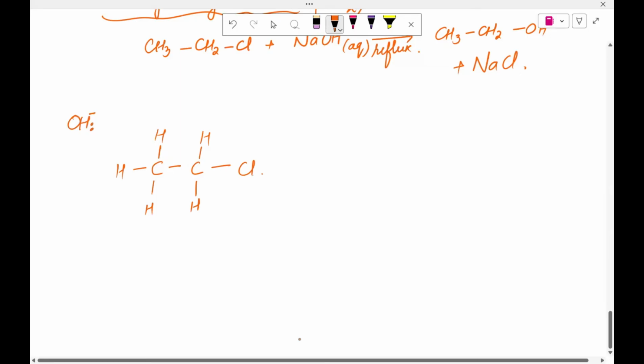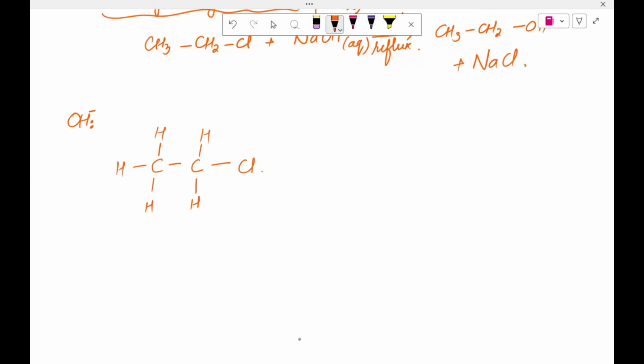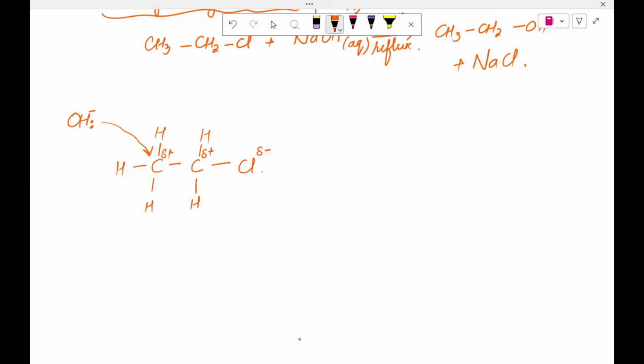So it is going to come to this place, as the carbon has a partial positive charge and the Cl has a partial negative charge.